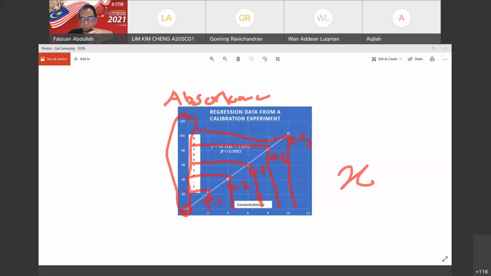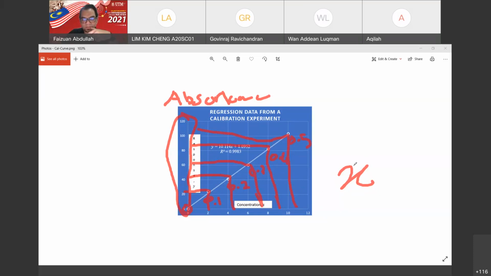We don't know the X concentration, but we know that it is within 0 to 0.5 ppm. That's why we prepare the calibration solution series 0.1 up to 0.5. Let's say the concentration is actually 0.35 ppm.